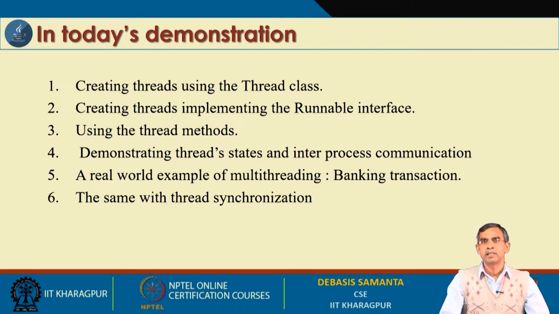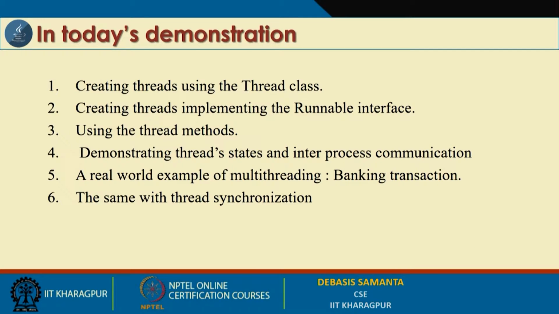There will be sufficient demonstrations on them, so that we can learn the different methods to control the threads. And for inter-process communication, again there are a few methods. We will see exactly how these methods can be invoked for the threads, and how the threads can be controlled.